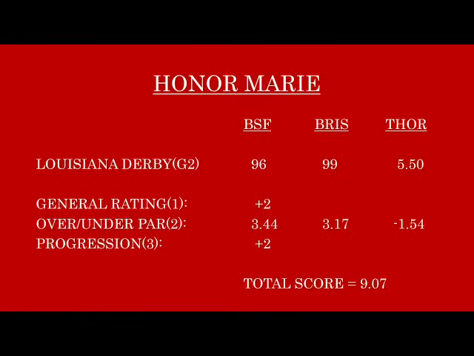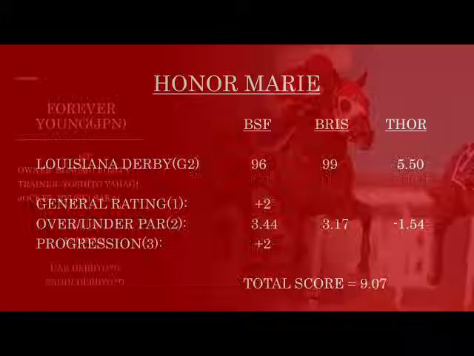He's still very fast. He gets a +2. He's above average with his numbers, except for the Thorograph, which is below average at -154. I think this horse, third off the layoff, is sitting on a big race, so he gets a +2. So his total score is a 9.07.